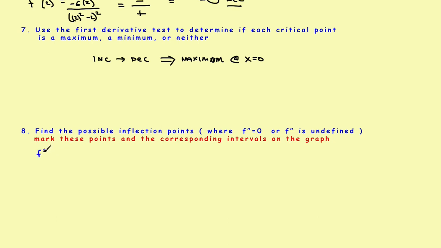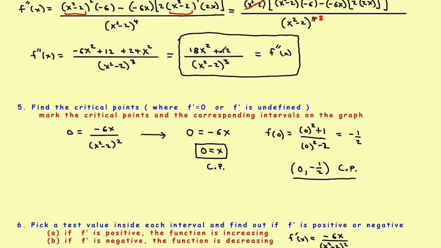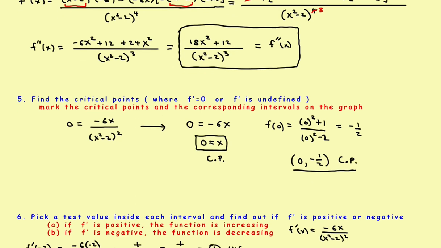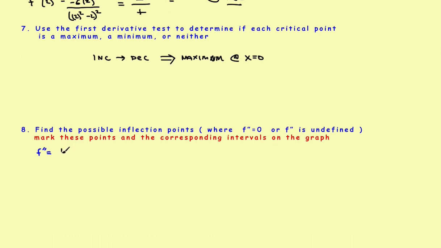The second derivative was 18x squared plus 12 divided by x squared minus 2 cubed. I'll just write that down where we've got it handy. Okay, so that is the second derivative.